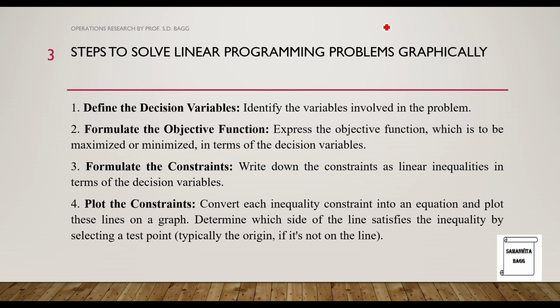So say if your objective function is given as maximize z = 4x1 + 3x2 and it is subject to certain constraints like 2x1 + 4x2 ≤ 8, 5x1 + 10x2 ≤ 12, and x1, x2 ≥ 0. This is the question given to you.